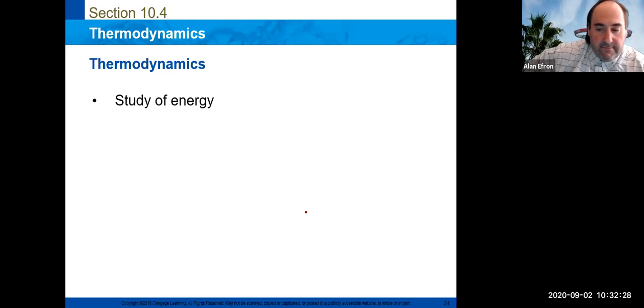Okay, so we've been talking about energy in this last chapter. Remember that a lot of times how we deal with energy is to classify what's happening as one of two things: either an exothermic process, where heat and energy is released, or an endothermic process, where heat and energy is absorbed.